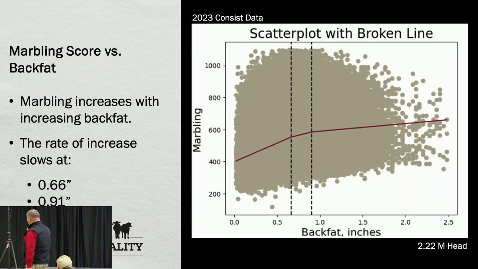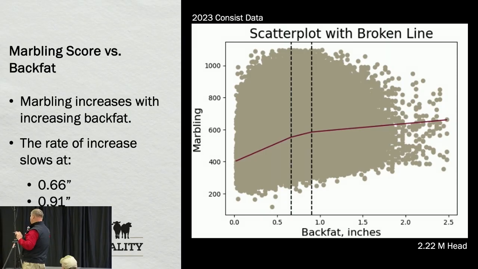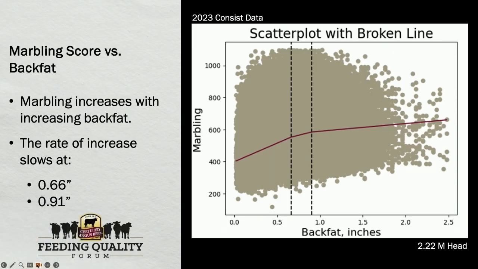What these data show is all of the data he has plotted by marbling score and back fat in inches. What these data suggest is that once we hit 66/100ths of an inch of fat, then marbling increases, but at a decreasing rate. So these data would suggest that feeding them beyond 65/100ths is pointless.